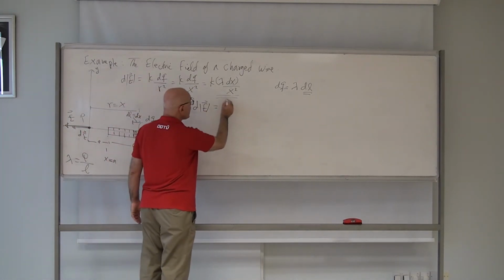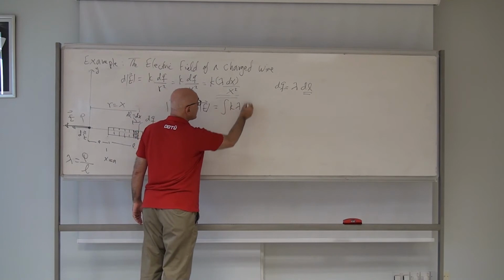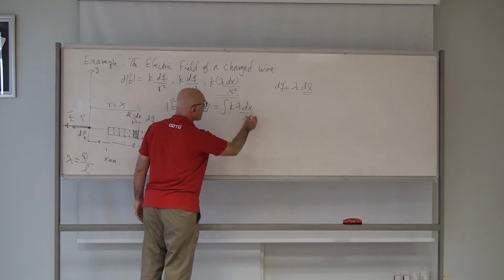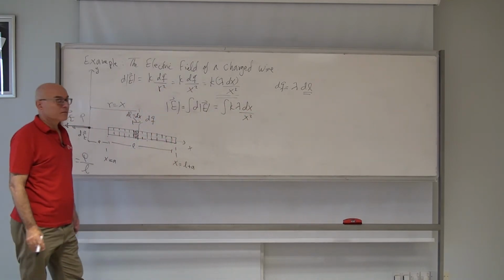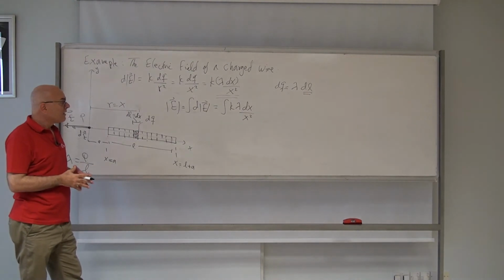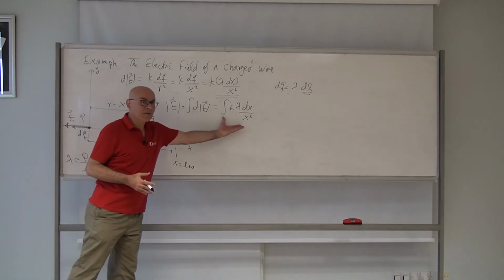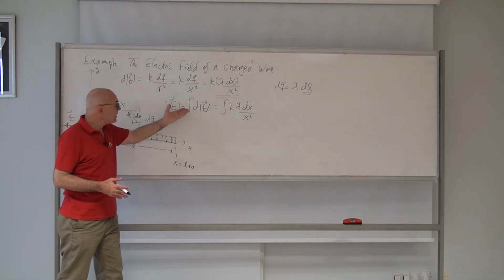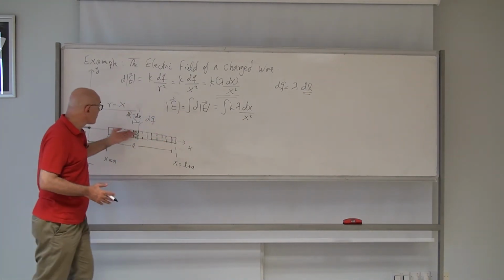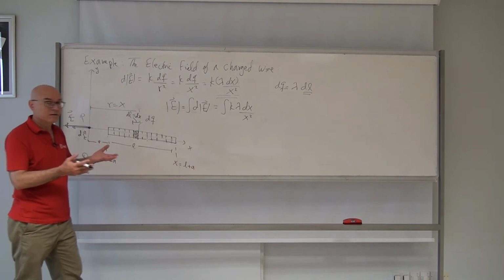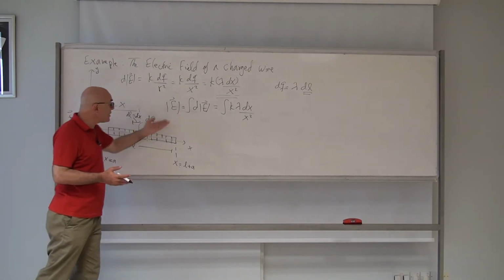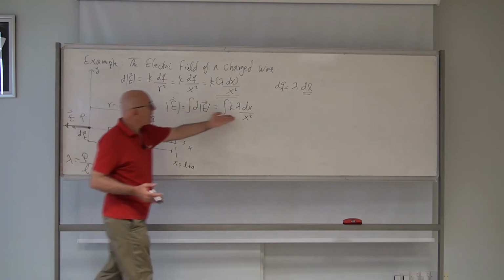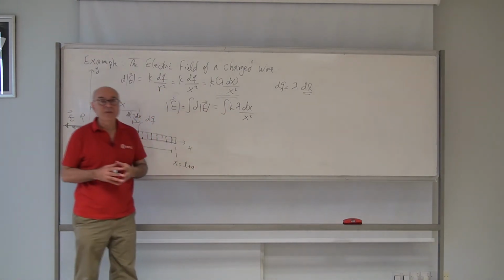This is the integral of k lambda dx over x squared. So you have set up an integration. What does this mean? This means that I am adding up the contribution of all dq's, summing the dE's of each of these dq's, and this amounts to doing this.